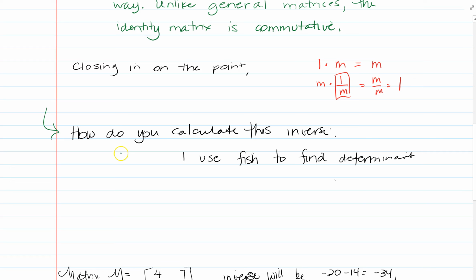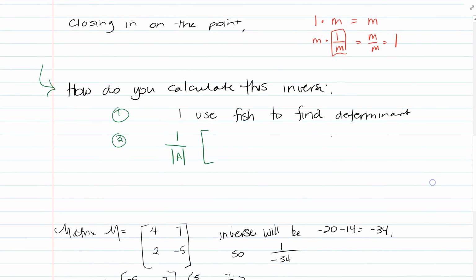Step 1, use my little fish to find the determinant. Step 2 is you put 1 over the determinant, and you multiply it by, you got to switch. This is going to drive you crazy.